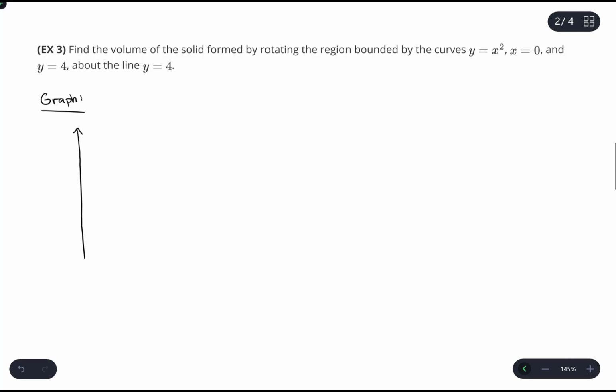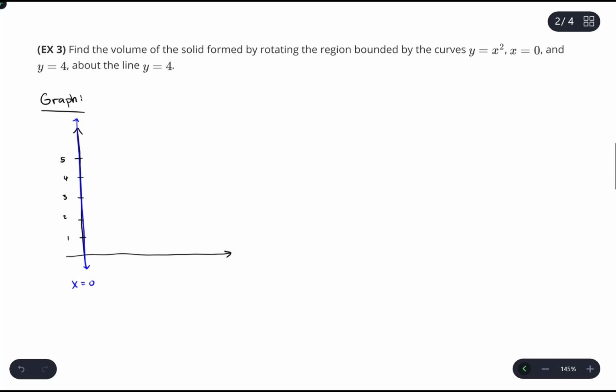Looks like everything will be in quadrant 1, because one curve here is x equals 0. That's easy enough there. Then y equals 4. Let's see, 1, 2, 3, 4, 5. That should be good.